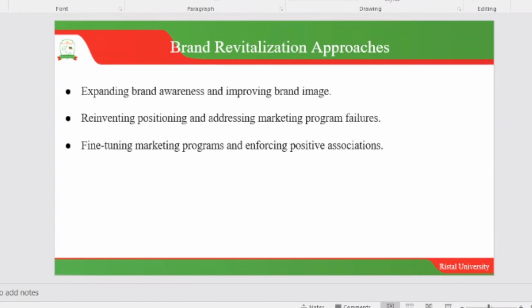Some of the ways you can revitalize your brand are that you need to expand brand awareness and improve brand image. But also, you can reinvent positioning. We talked about positioning already. You have to reinvent positioning and address marketing program failures. Then you need to fine-tune marketing programs and enforce positive associations.